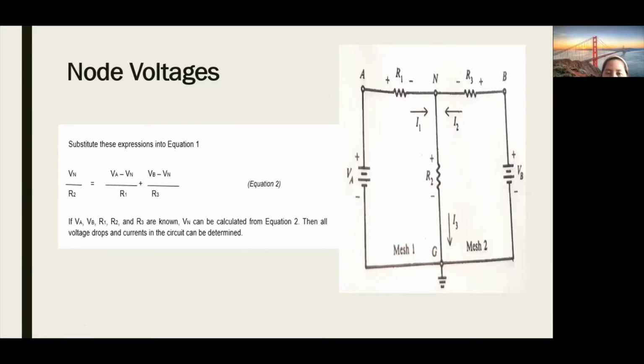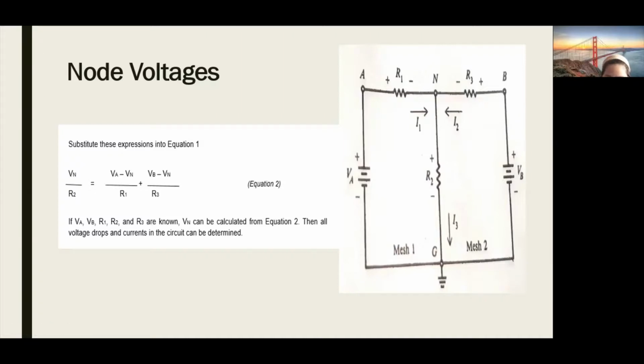So Vn over R2. Through the given equation, R2 is 3. Here we already know what R3 is, so it's 3.